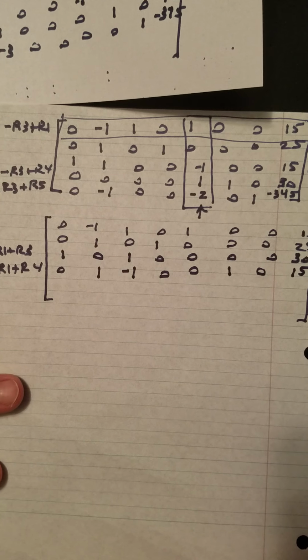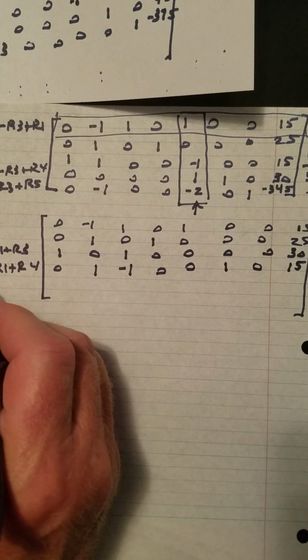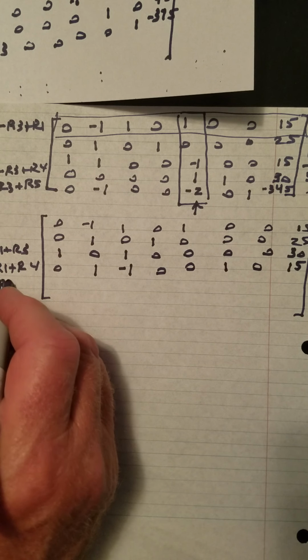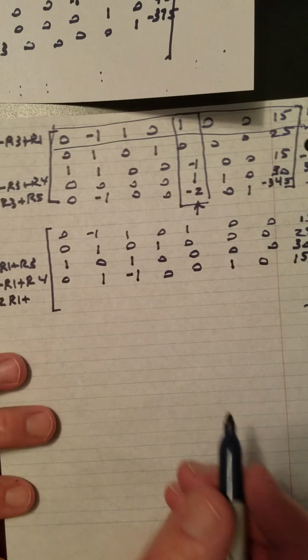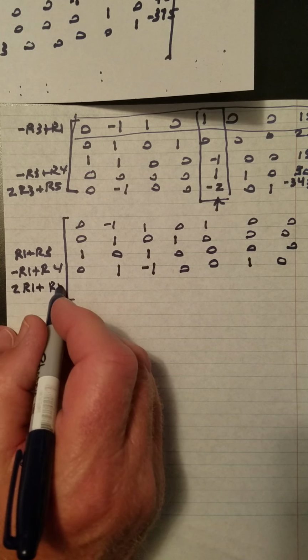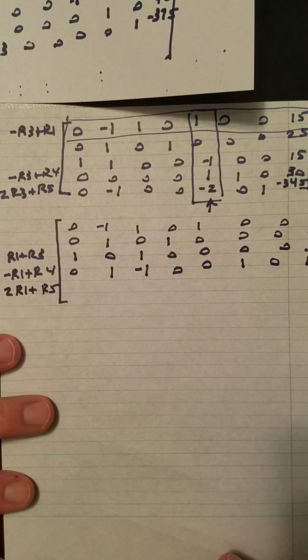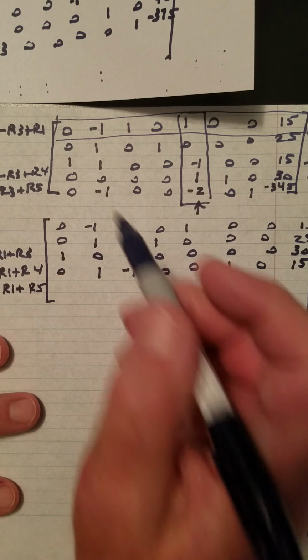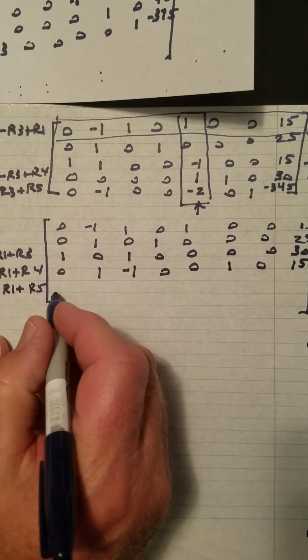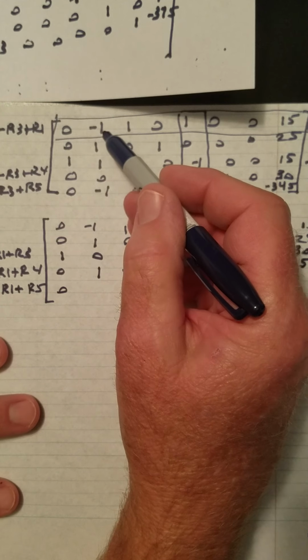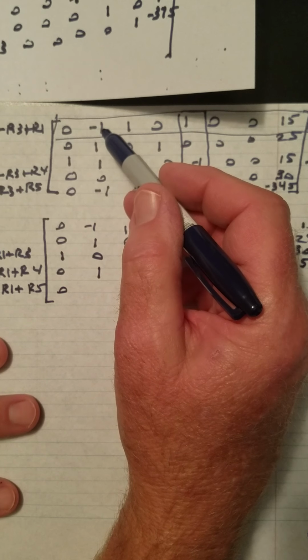Okay, and then the last row, we're just going to take 2 times row 1 plus row 5. 2 times 0 is 0, plus 0 is 0. 2 times negative 1 is negative 2.